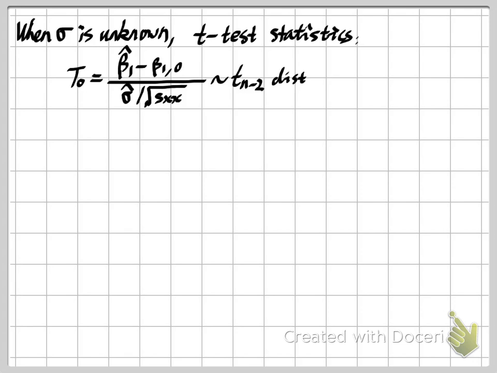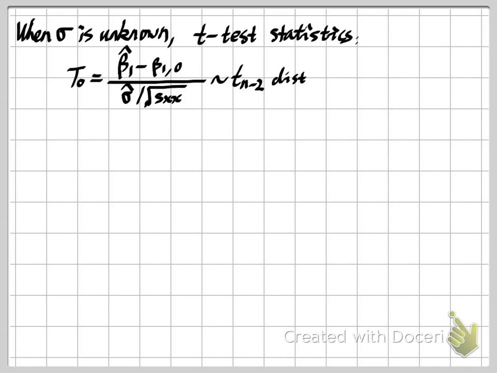All other terms are exactly the same as in the z-test; the only difference is that we use the estimator sigma hat to replace the original sigma. This t-test statistic follows a t-distribution, and the degree of freedom is n-2 in this case.